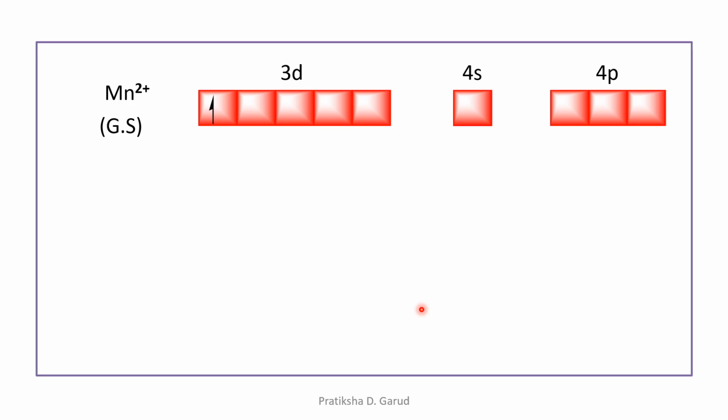This is the first electron, second, third, fourth, and the fifth electron. There are 5 electrons in the 3d atomic orbital, and for this example we know that it shows the sp3 type of hybridization. That means the 1s orbital and 3p atomic orbitals should be vacant, and they are already vacant over here. So they are forming the sp3 type of hybridization.